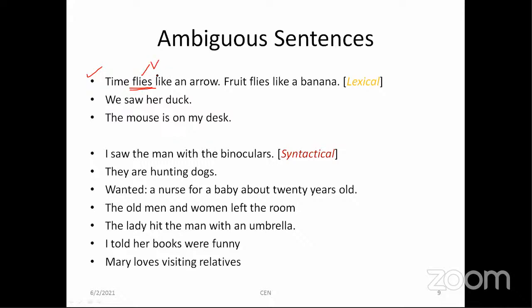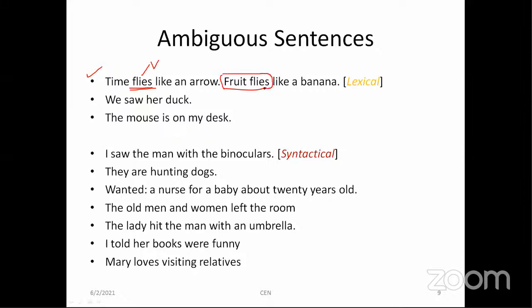So this is a verb, correct, sir? Yes, sir. Flies, sir. Fruit flies like a banana. Fruit flies. The second one is two existing objects, and the first one is just imagination. Yeah, imagination. So here it says about the verb.